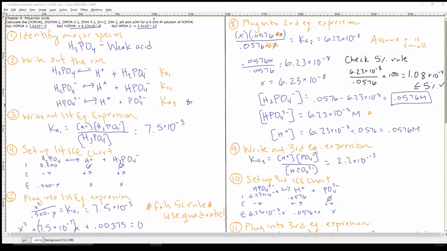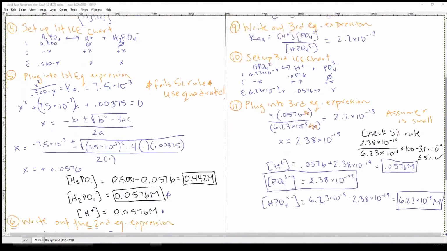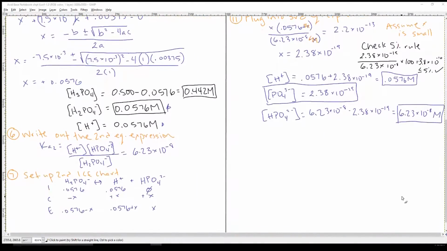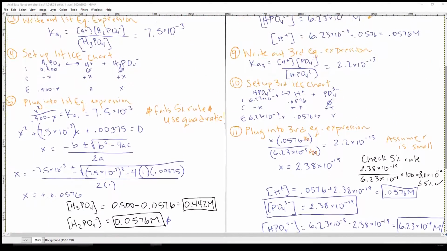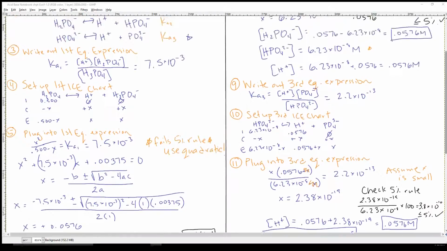Now let's back up to the very beginning. The first time we did this, I boxed some stuff I should not have. Let's see, my H plus showed up again. I couldn't box that. My H2PO4 minus showed up. We just boxed it right up here.